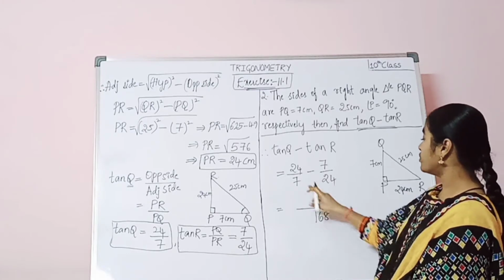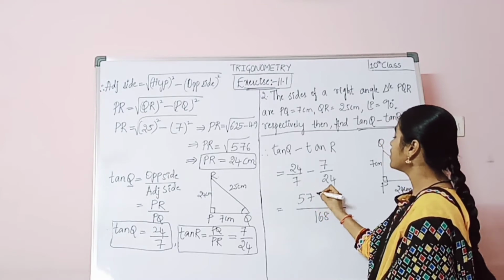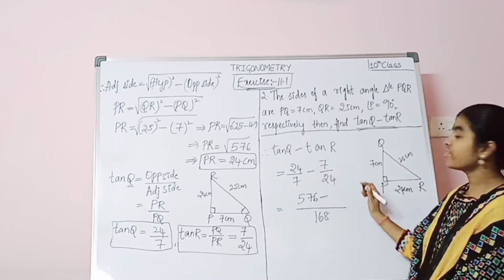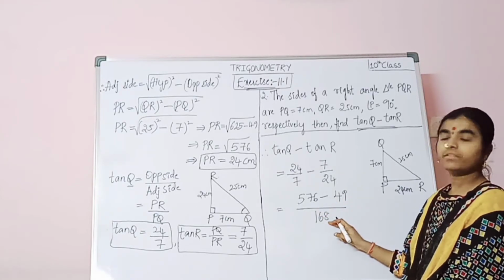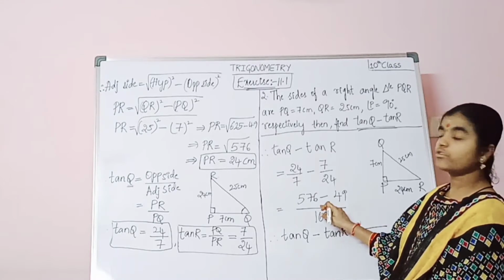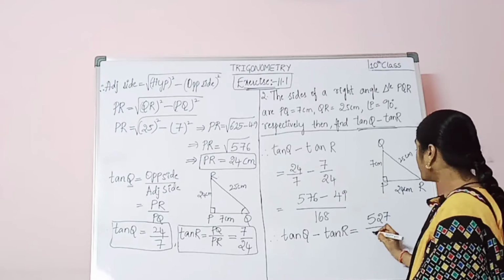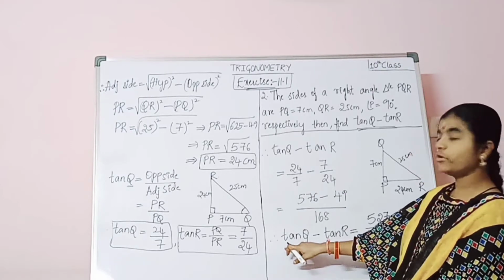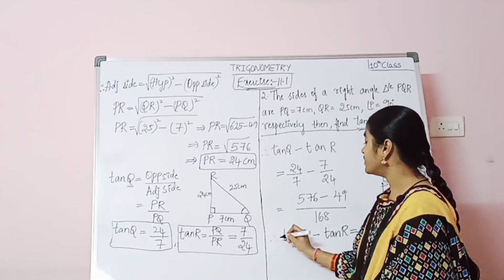After taking the LCM, we get 24 into 7, 24 into 7 means 576, minus 7 into 7, 49, by 168. So 576 minus 49, how much we will get? 527 by 168. Therefore tan Q minus tan R equals 527 by 168.